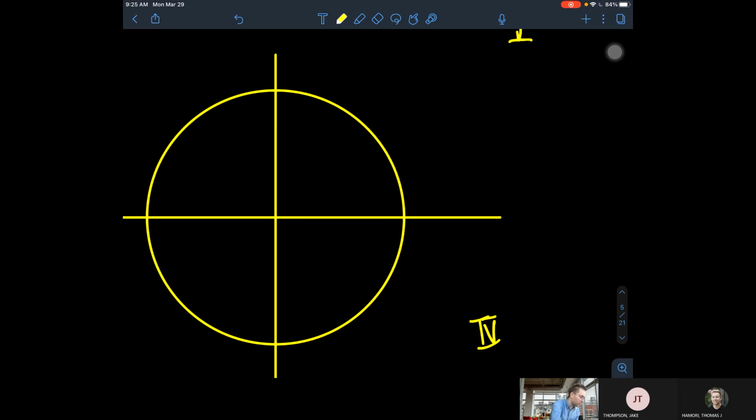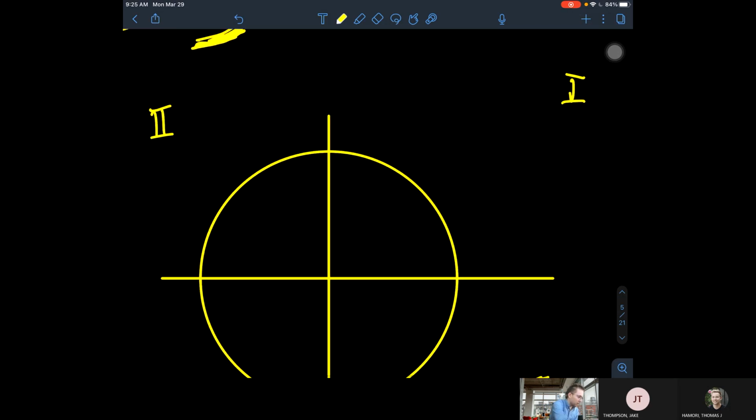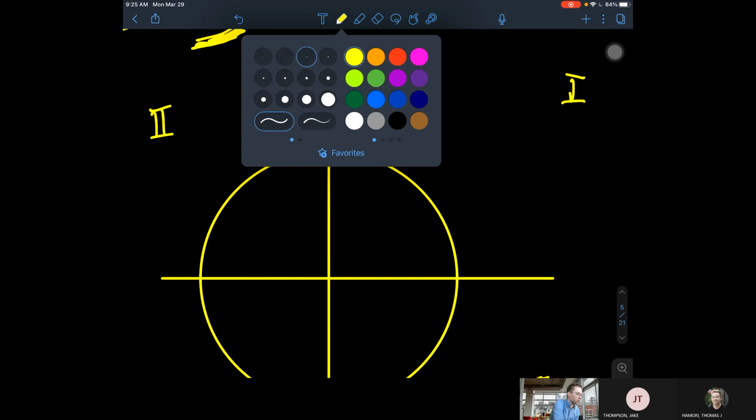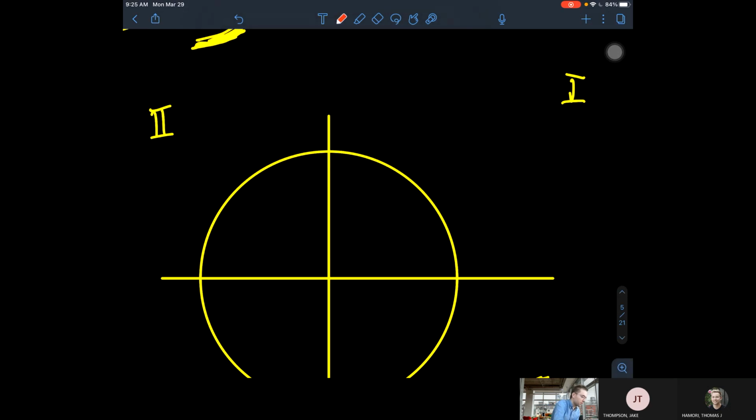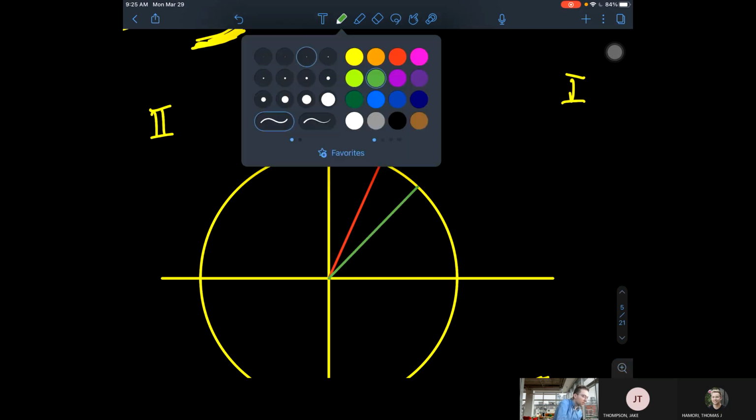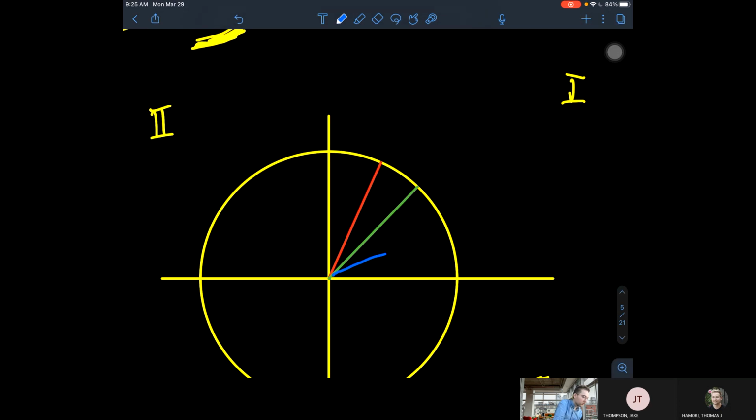Yep, quadrant 1. And let me draw 3 lines in here, and you tell me which one is the most plausible to be theta. Red, green, or blue?